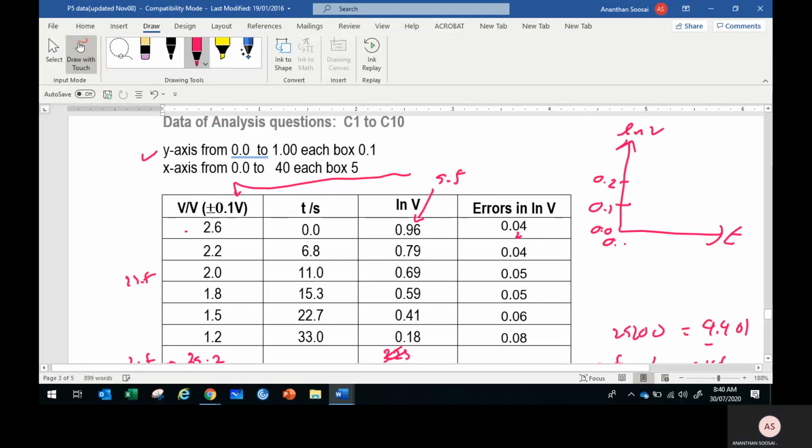Every one box is 5, so 5.0, 10.0, and so on. Okay, I give you 15 minutes. Draw the graph, draw the best fit line and the worst fit line.